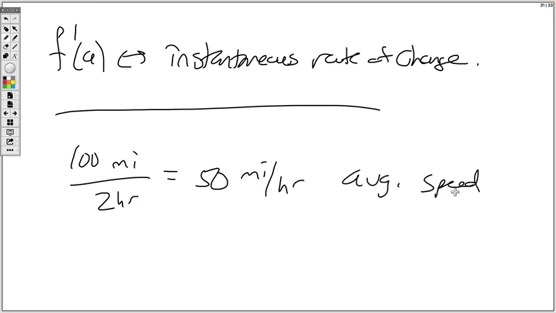Does that mean that you were going 50 miles an hour the whole time for 2 hours? No. I mean, that's a possibility, right? You just set the cruise control and go. But more likely you sped up and then you slowed down. You with me or not? What the speedometer is telling you is a derivative. It's giving you an instantaneous rate of change. How fast are you going now? You with me or not? Okay.